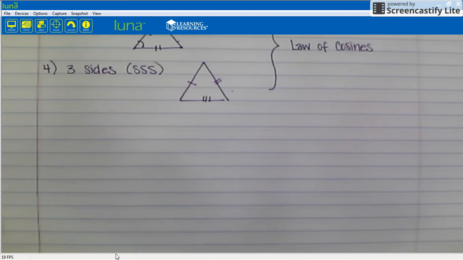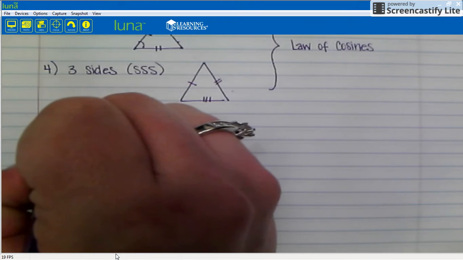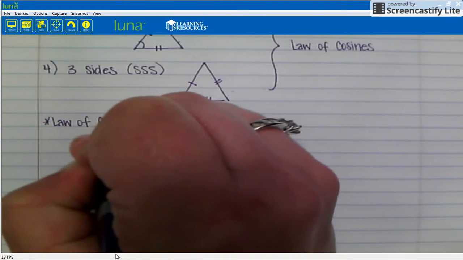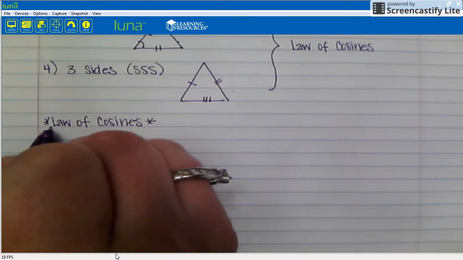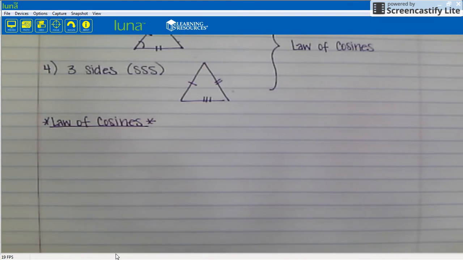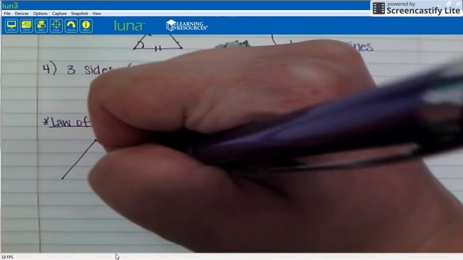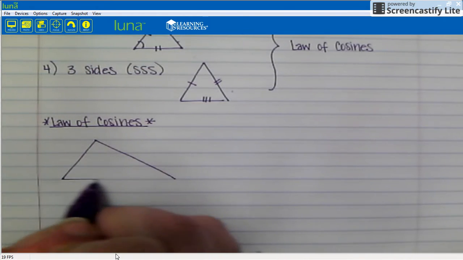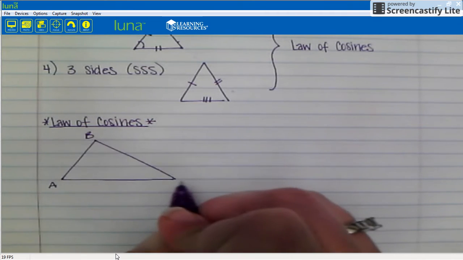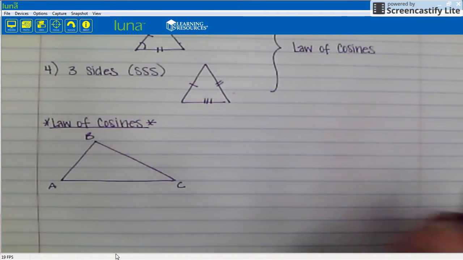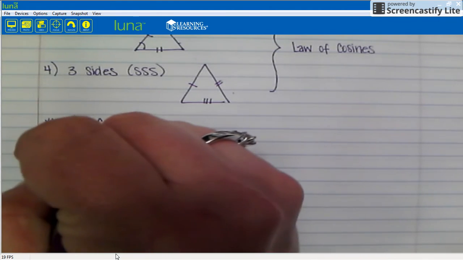So, your law of cosines states that if you are given or working with a triangle, and we have A, B, C, and the sides opposite the vertices and the angles are little a, little b, and little c.